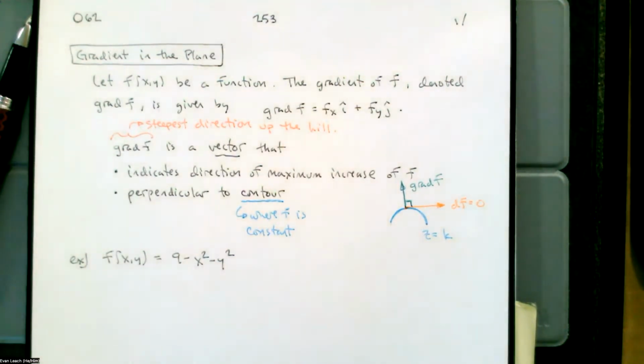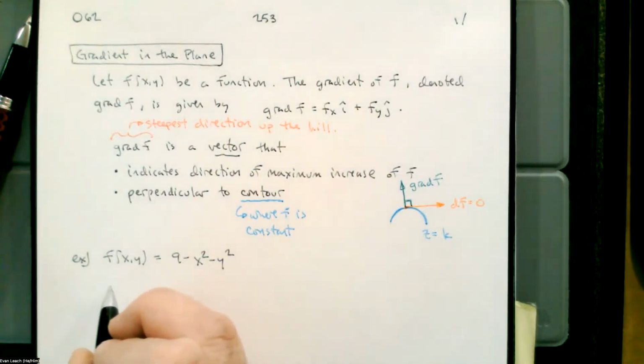So let's suppose we have a function. Let's use our standard easy function to think about, a nice hill, a circular paraboloid with a high point 0, 0, 9, and then just falls down in ever increasing circles.